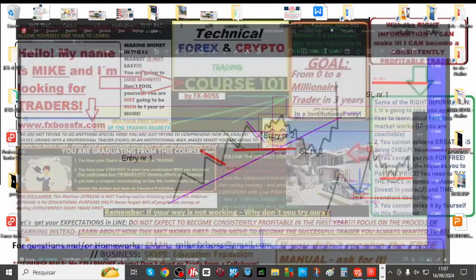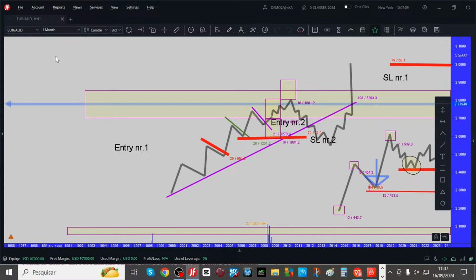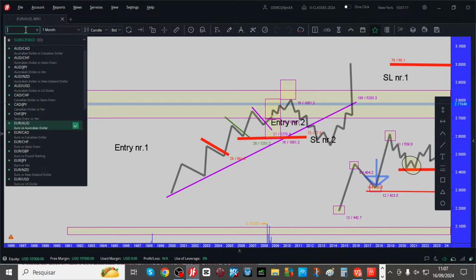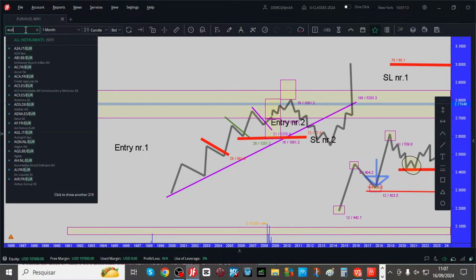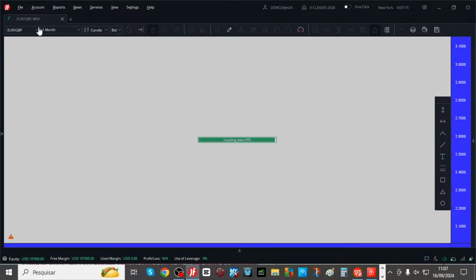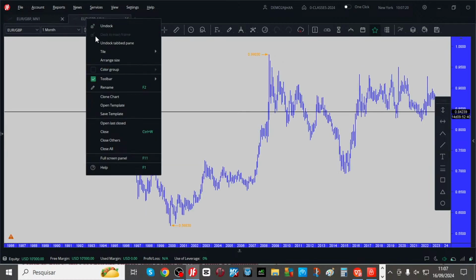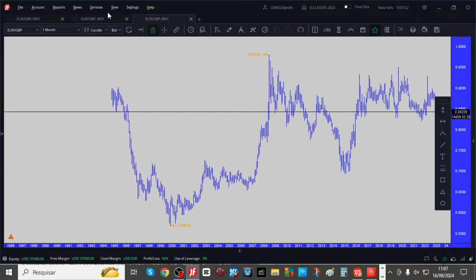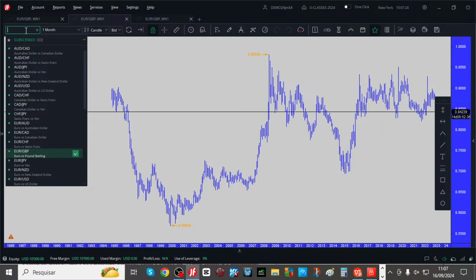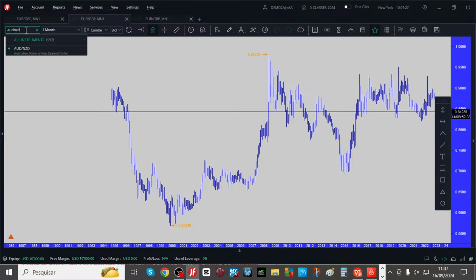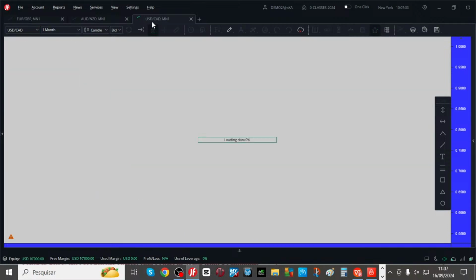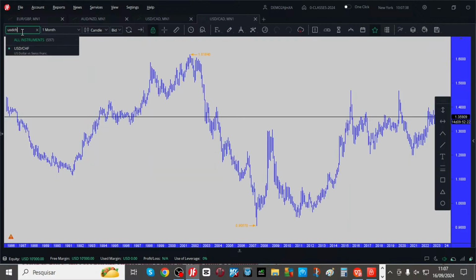Okay, everybody, so we have a few currency pairs. One is Euro GBP that you're going to trade in a slightly different way. Make sense? We have Euro GBP, we have AUD NZD, we have USD CAD, and we have USD CHF, alright?